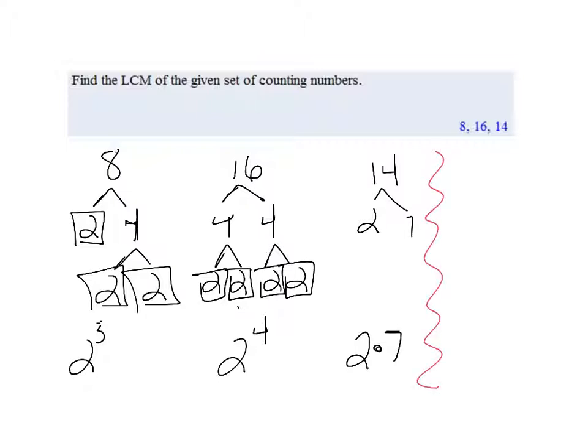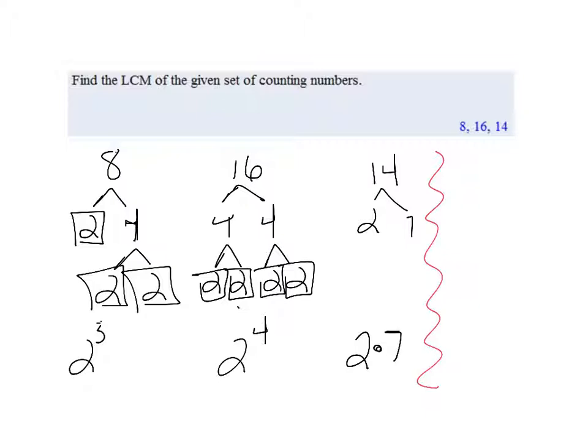To find the least common multiple, I'm going to look at these prime factorizations that I have here. What I have to do is pull out all the different prime factors that I see here. So it looks like the different prime factors would be a 2 and a 7.